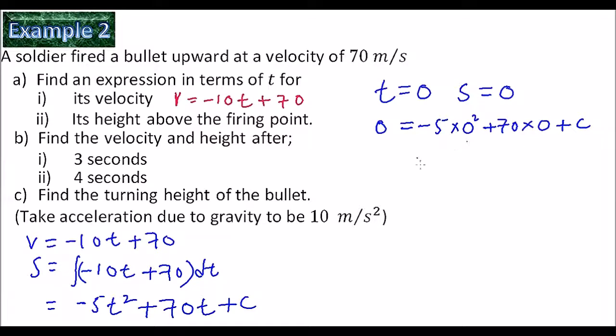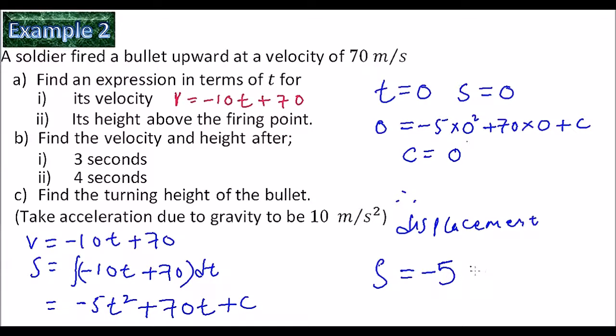So when you compute, you find that c is equals to 0, and therefore the displacement s is equals to, now we write our expression, minus 5t squared plus 70t, since our c is equals to 0.